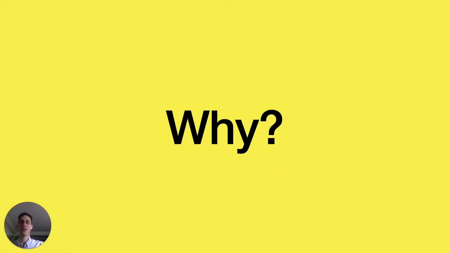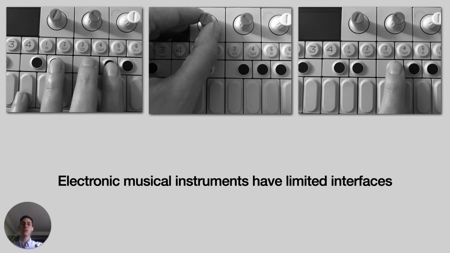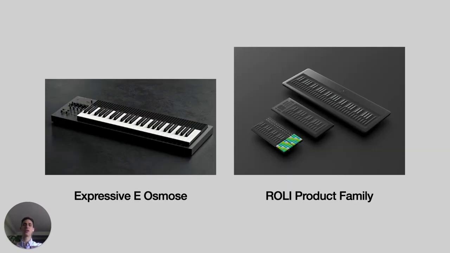So why did we do this? Because as amateur musicians ourselves, we wanted to approach the problem that electronic musical instruments are stuck in an old paradigm of interaction, which results in limited interfaces for expressivity. If you think about it, today you're mostly able to either press a button, toggle a switch, or turn a knob. And while there's some really amazing keyboards that augment traditional interfaces with more depth, we wanted to break away from the 12-key piano layout that you see everywhere.